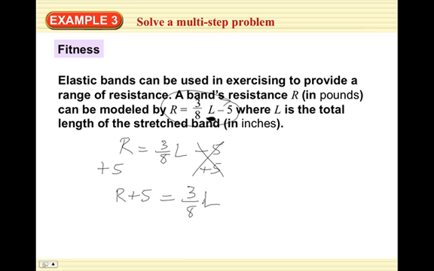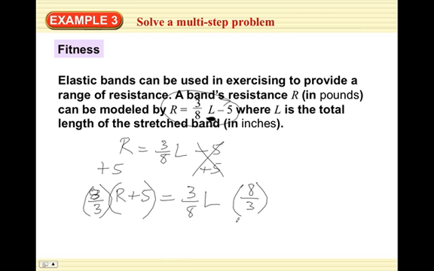How do you get 3/8 out of here? Well, this is 3/8 times L, so you don't want to divide by 3/8. You want to multiply by the reciprocal, 8/3, times this whole side. This is what people miss: they put 8/3 out here and won't multiply the whole side.